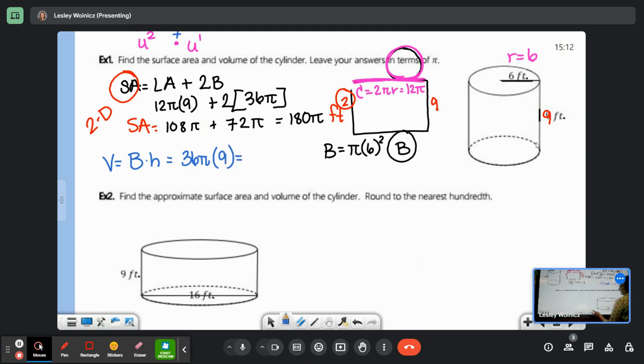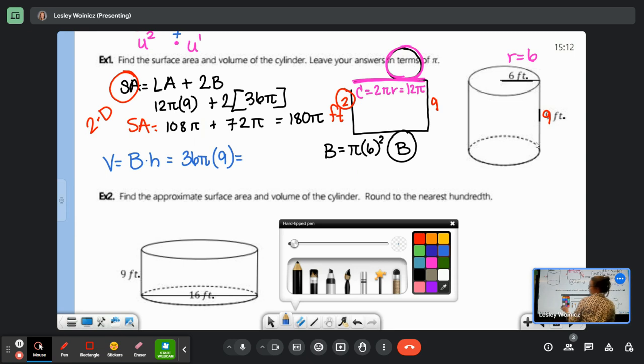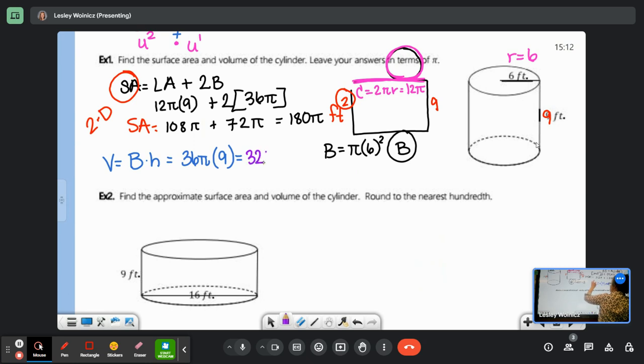What does that give us? 324 pi feet to what power? Cubed.